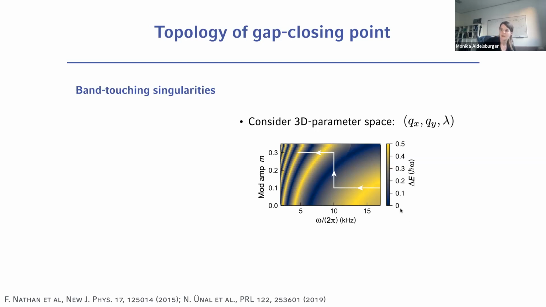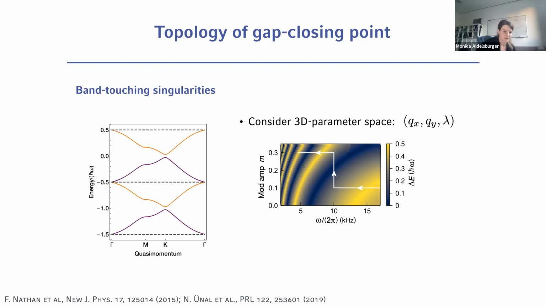Okay, so now looking at this family of Hamiltonians that is connected by this white line, we can introduce this additional parameter lambda that just parameterizes this line and ask what the topology of these gap closing points is. So in this three-dimensional parameter space, the gap closing points can be characterized by topological charges.